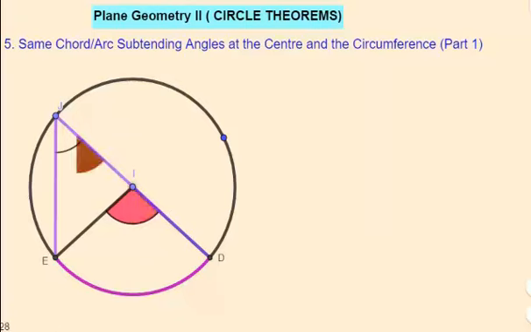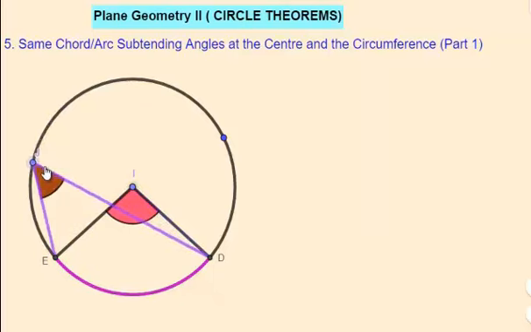So let us keep on moving. I want us to observe so many things so that when you see different diagrams in exams, you wouldn't be confused at all. Look at this. Have you seen that angle EJD still covers half of the angle at the center? Let's keep on moving.